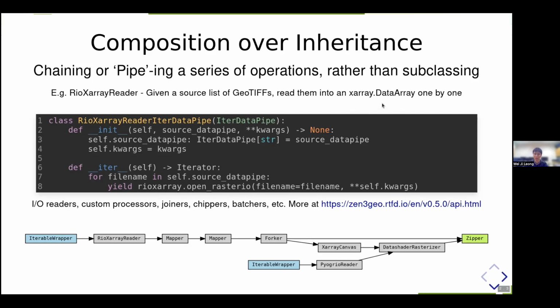So what that means in practice, I'll illustrate with this example, which is this RioXarray reader, which is actually the first data pipe class I wrote in zen3geo. So given a list of geotiffs, so you have a source data pipe with a list of geotiffs, you would have an iterator that, for every file name in your list of geotiffs, passes it into xarray open_rasterio, so you can open each xarray DataArray one by one.